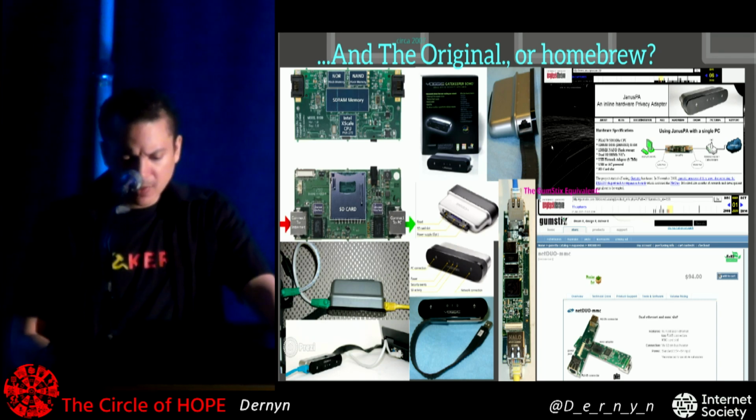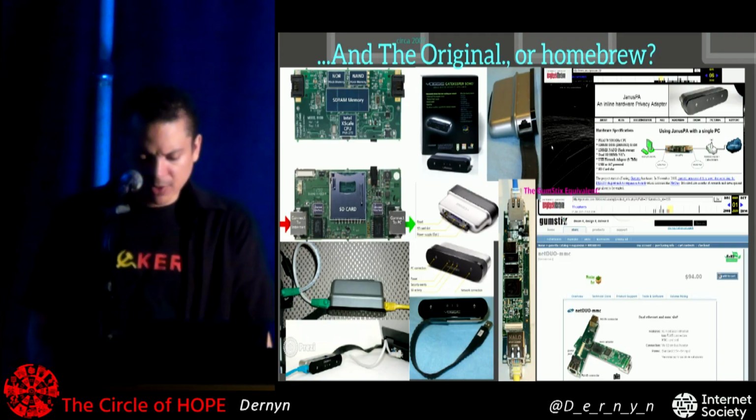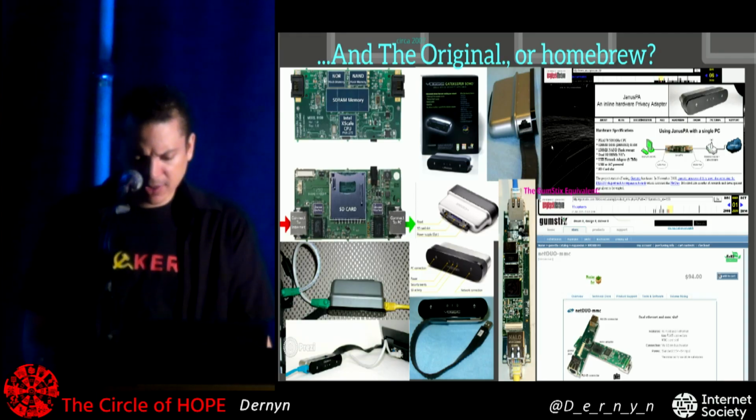And some people did. There was a particular seller named Andy, and he used to sell Janus PA, which is basically a version of the original device, but customized to run Tor, and this is the early days of really slow Tor, basically running whatever you want, whatever shell script you want, basically your own portable version of this.